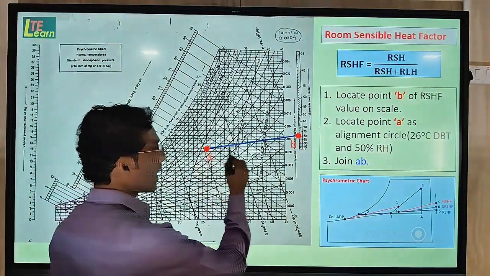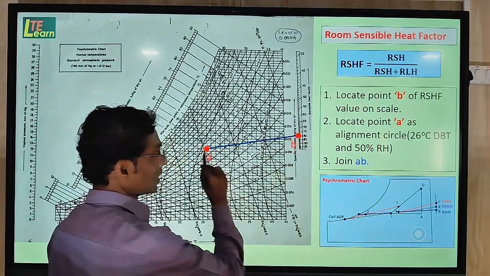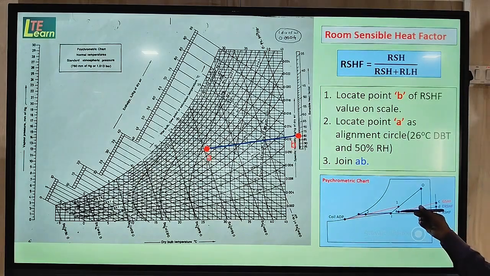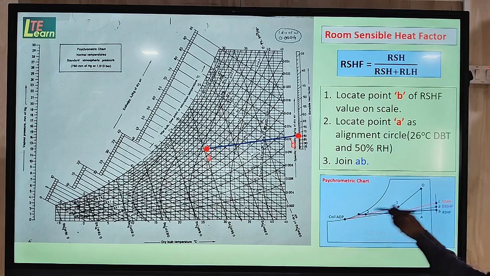Then we join A, B. This line AB, we can see here, is the RSHF line. Now this line is helpful to us in further steps of the problem.